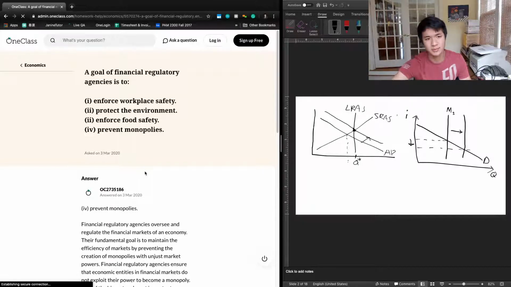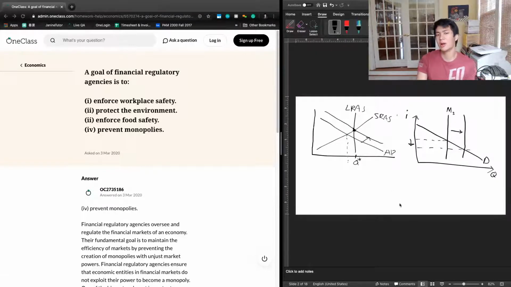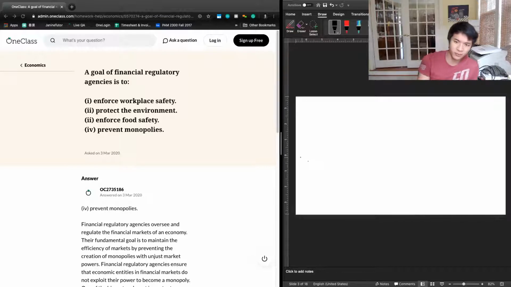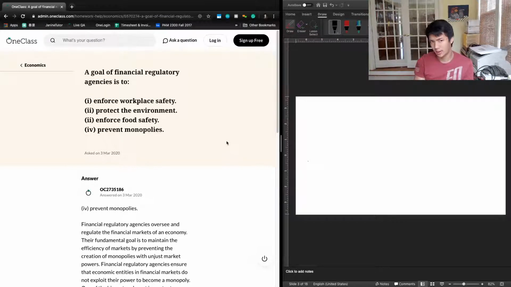Next question says, a goal of financial regulatory agencies is to 1. Enforce workplace safety, 2. Protect the environment, 3. Enforce food safety, and 4. Prevent monopolies. Again, I think even with no economics background, you'd be able to say that if you're a financial regulatory agency, you're dealing with financial institutions, your goal is going to be most likely to prevent monopolies, right?